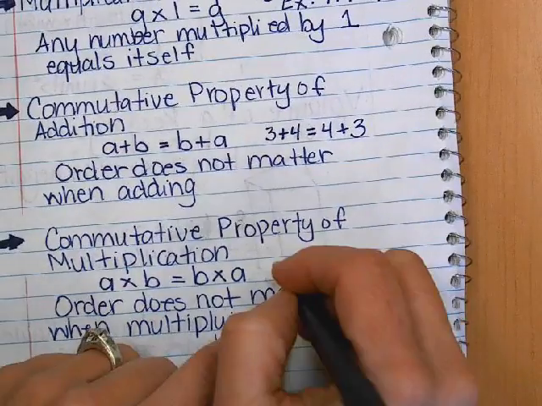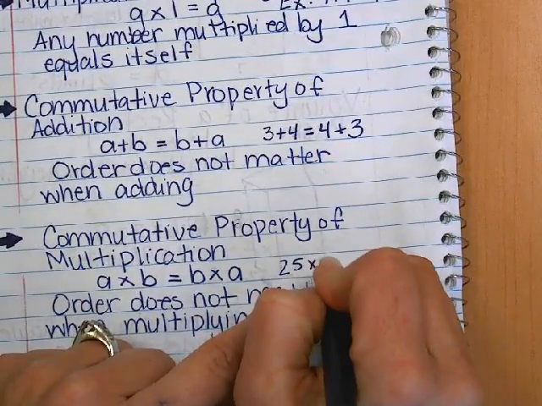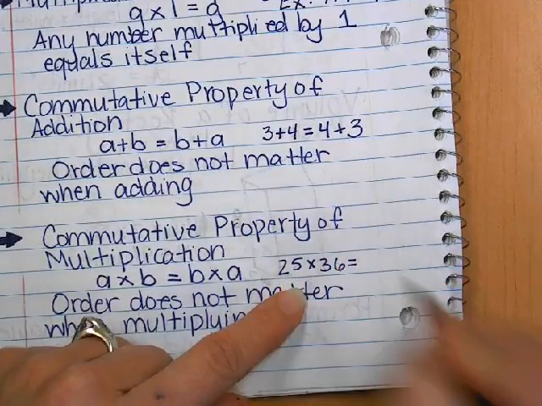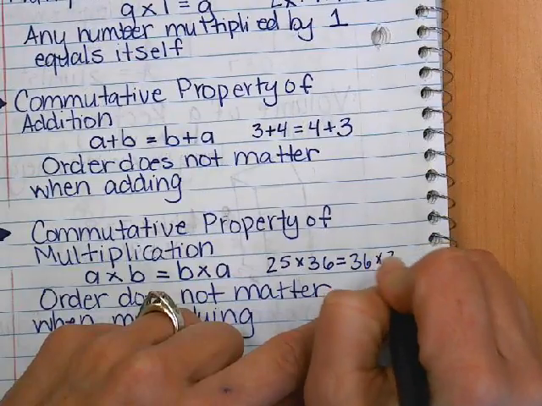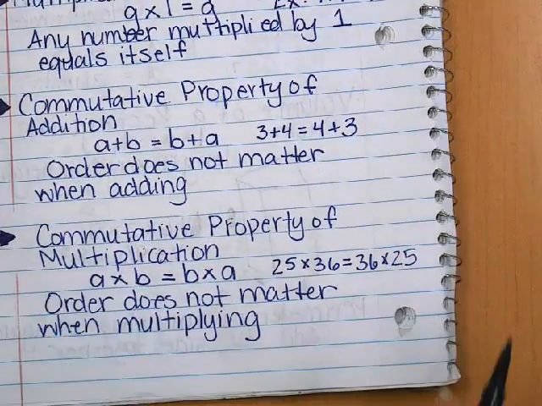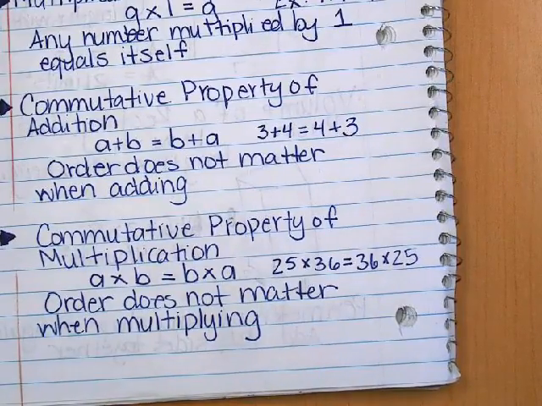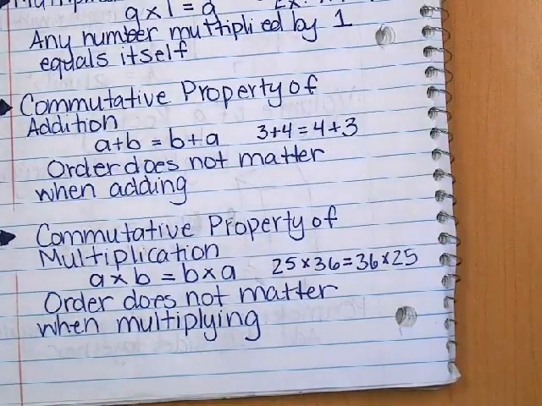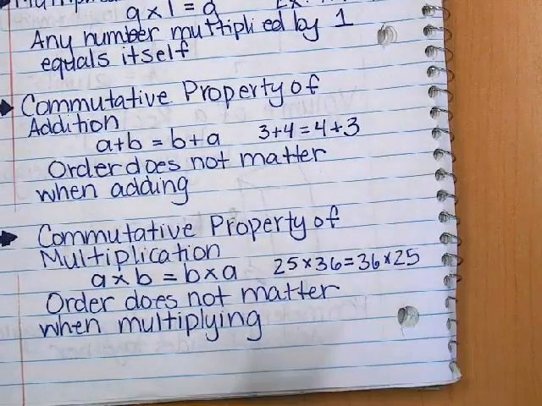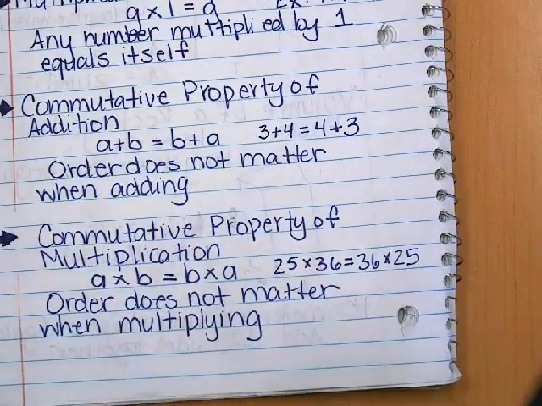Let's say, for example, it was 25 times 36. Well, that would equal 36 times 25. So it doesn't matter the order. If you put 25 times 36 in your calculator or multiplied it on your paper and then did 36 times 25, you would come up with the same answer. The product would be the same. So order does not matter when multiplying, and that's the commutative property of multiplication.